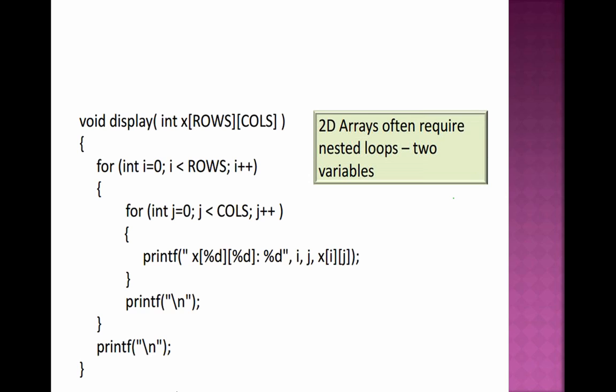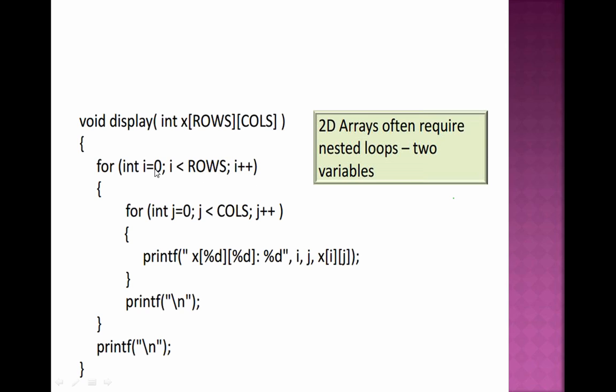So first of all, start with void display int x rows columns. Display is the function name, void is the return type, and these are the arguments. Arguments are x, rows and columns. X is your array name, these are the multiple indexes, that is rows and columns. So first of all, starting with the for loop statement.